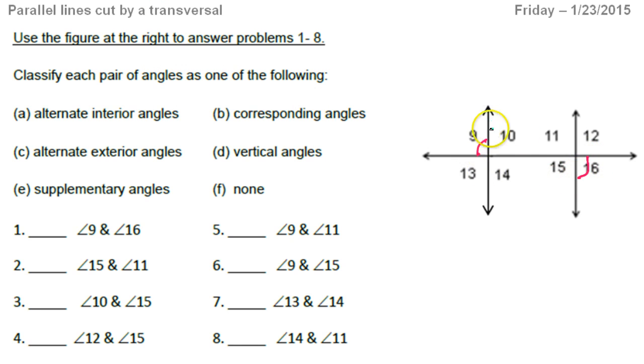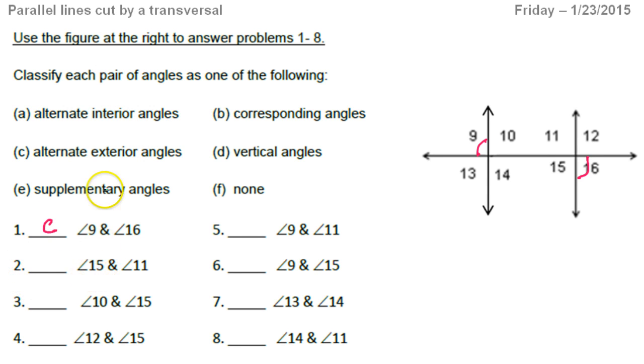Notice that they are outside of the two lines, so they're exterior, and they are on opposite sides of the transversal. So these are alternate exterior angles. We can put C for that.